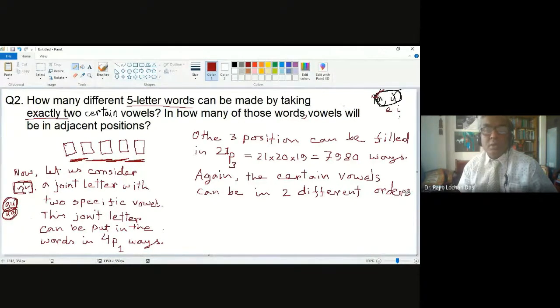Two different orders in the joint letter. So the total number of words will be something like 4P1, which is 4, so you can directly write 4 and then 7980 and then again 2.